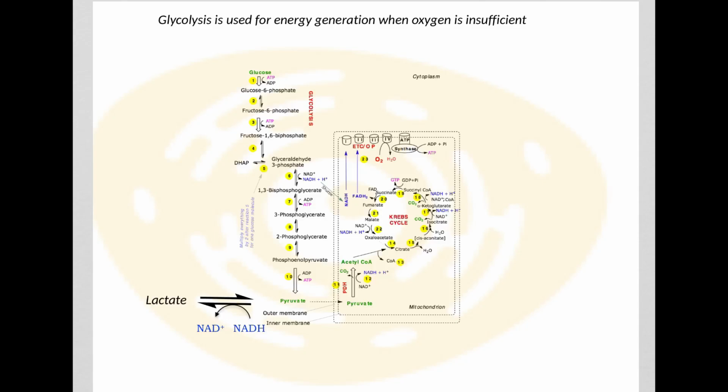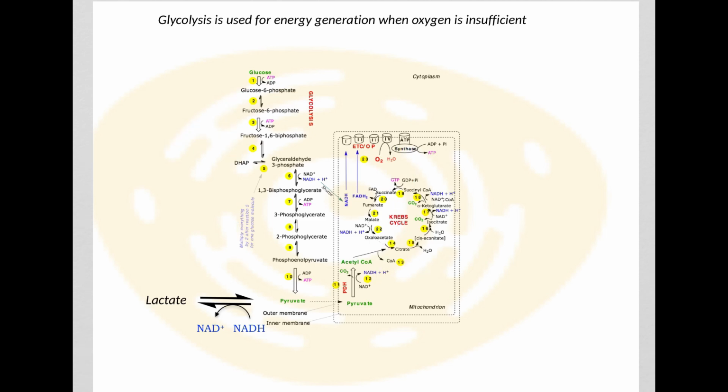So when the cell does not have enough oxygen, now the cell is going to rely on glycolysis to give it 2 ATPs per glucose. So now the cell is only going to rely on glycolysis if there is no oxygen available. So this part here would not happen.